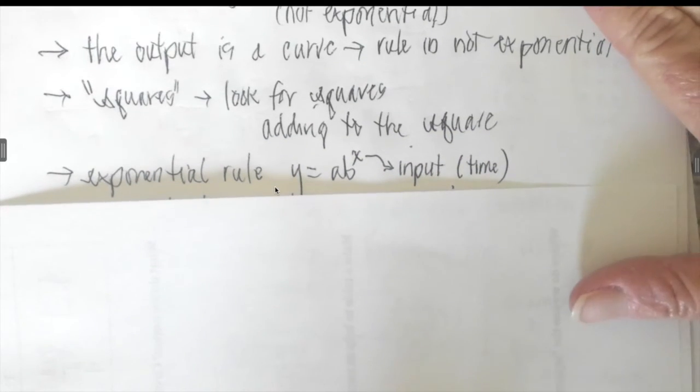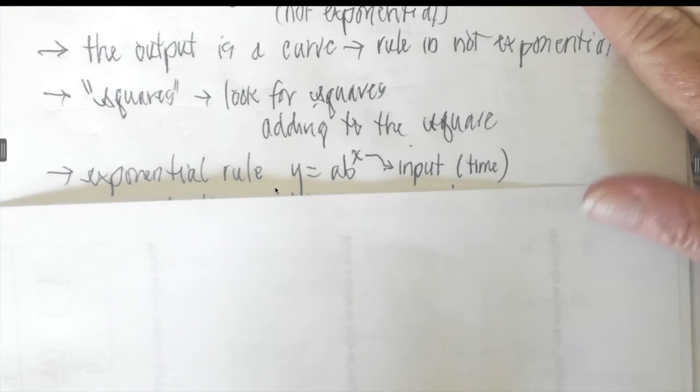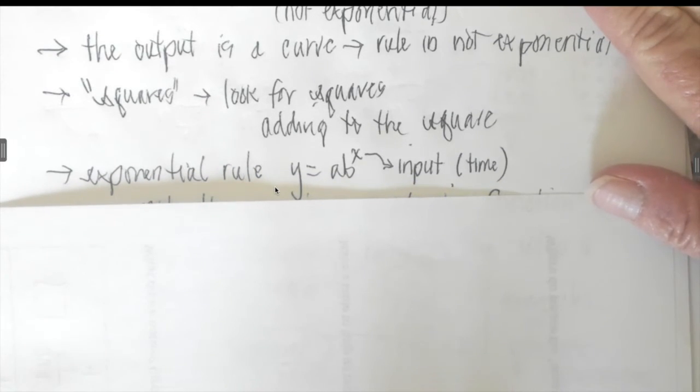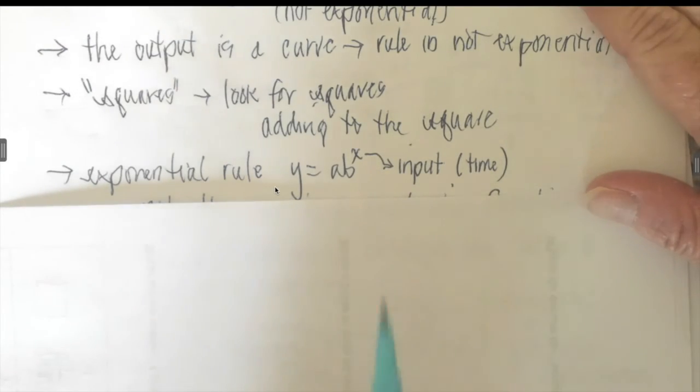I also know that an exponential rule is y equals ab to the power of x. This is from Unit 5. I also know that my x is my input. My input, if you remember, was always my independent variable. It was time, oftentimes, in exponential functions.